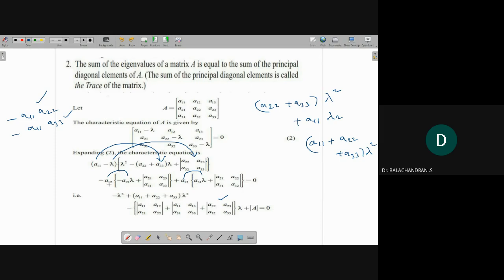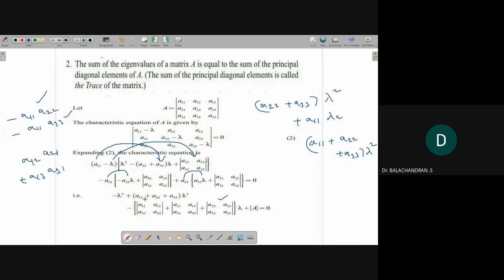If I multiply these two, A12 into A21 into lambda, lambda is common, and if I multiply these two, you'll get A13, A31.